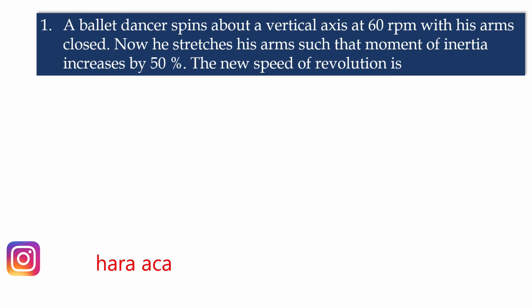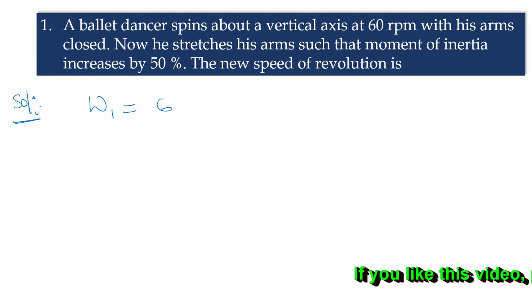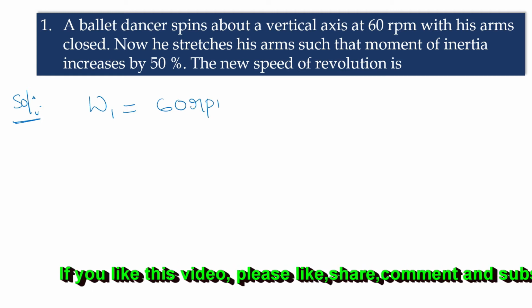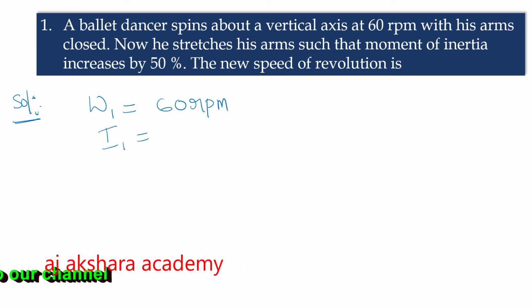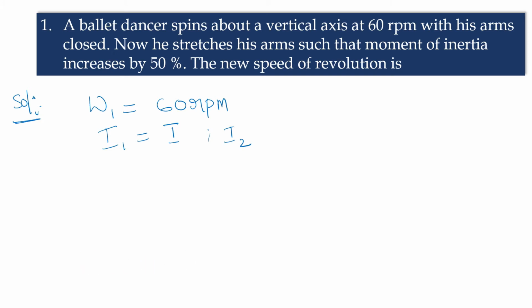Here given, vertical axis 60 rpm, angular velocity omega 1 is equals to 60 rotations per minute, and we have to assume that I1 is equals to I. They given that moment of inertia is increased by 50%, so I2 is equals to I plus 50% of moment of inertia.